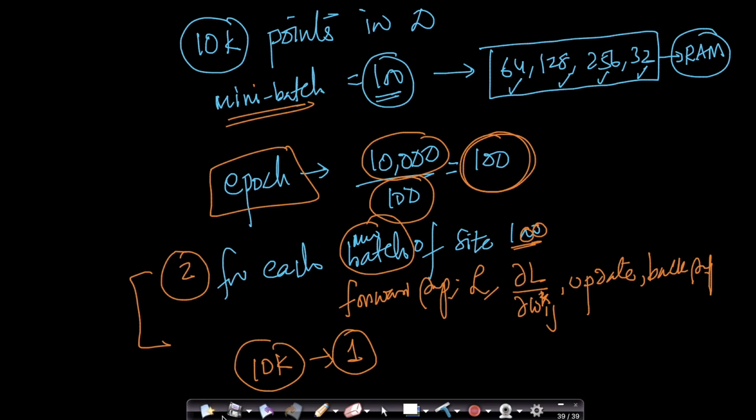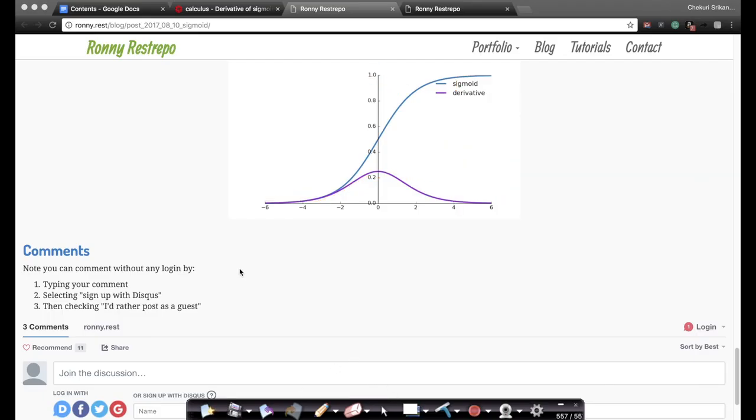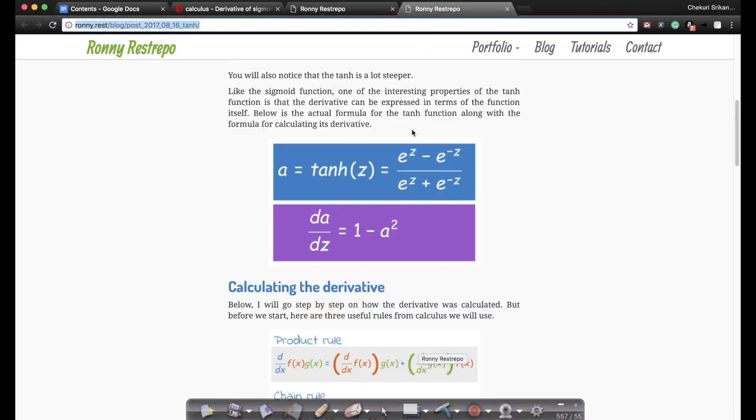There is another popular activation unit called the tanH function. Again, I've given you a reference link to another blog by the same person where they explain what the tanH function is.